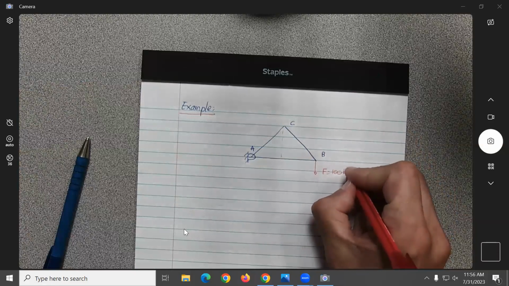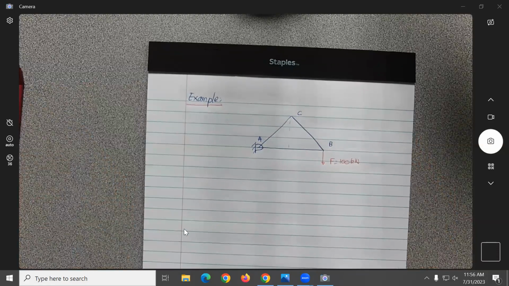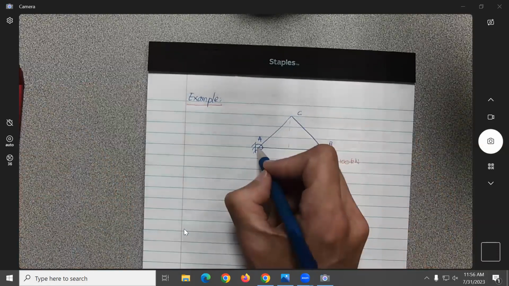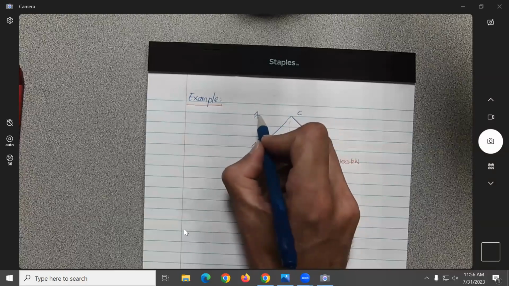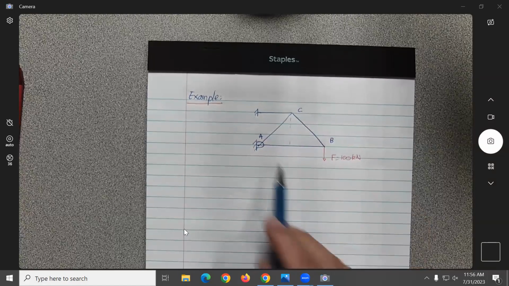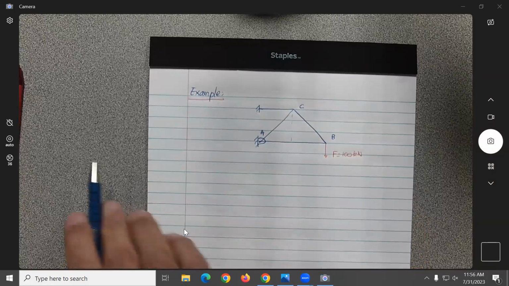And obviously, will this structure be stable? No, because if this is free to rotate, it will just fall down, no? To be in static equilibrium.